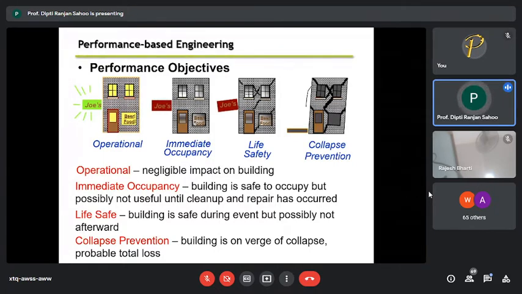The building is safe to occupy, but you may need to clean up or do some minor repair of the non-structural elements. Life safety: the building is safe, but you probably have to do a little bit of retrofitting. Collapse prevention: the building is on the verge of collapse but not yet collapsed. You have enough time for evacuation.